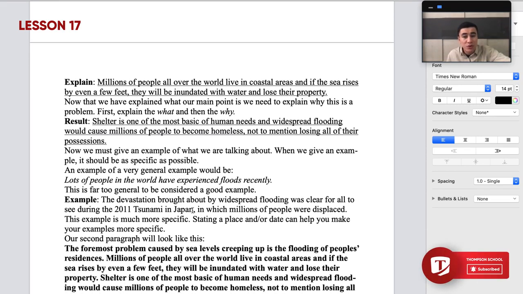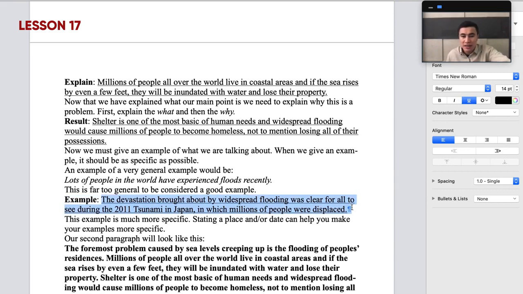The devastation brought about by widespread flooding was clear for all to see during the 2011 tsunami in Japan, in which millions of people were displaced. So, this example is much more specific. Now, you should understand the difference. You should choose an example that is not too general and try to be more specific. Okay?